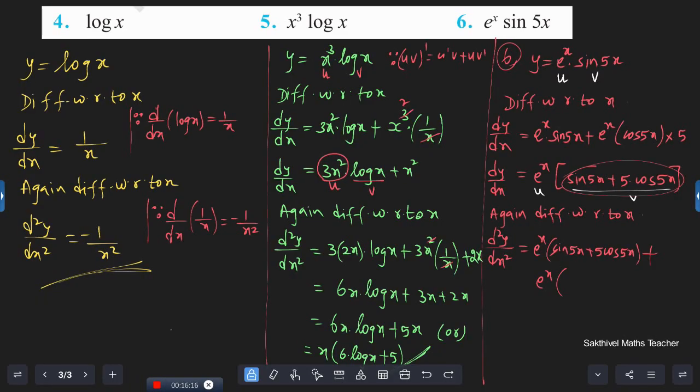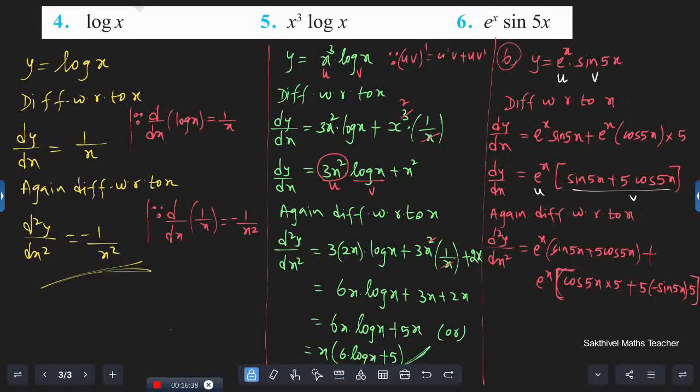Now v dash means inside the bracket you have to differentiate. Sin derivative what? Cos 5x multiply 5x when you differentiate, 5 you will be getting. Like that 5 let it be here as it is. Cos 5x when you differentiate, minus sin 5x. 5x when you differentiate, 5 you will be getting. That's it.